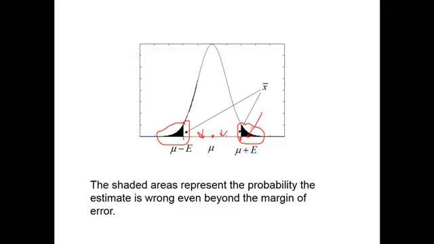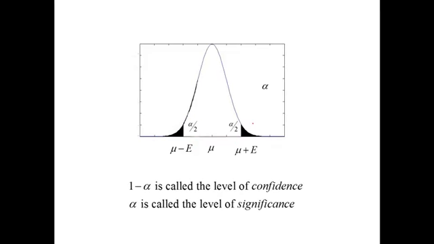That area is the probability that we're wrong even beyond the margin of error. We call that sum alpha. We want alpha to be small because it's the probability that we're wrong beyond the margin of error. We want to keep that small.